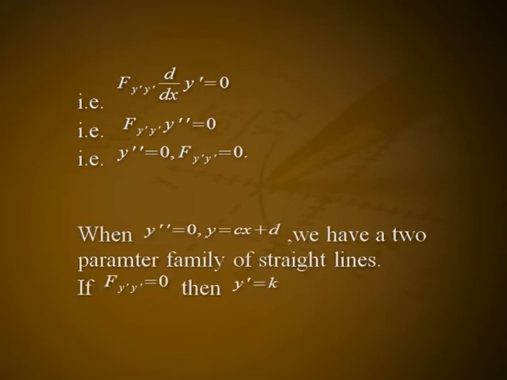When y double dash equal to 0, y equal to cx plus d, we have a 2 parameter family of straight lines. If fy dash y dash equal to 0, then y dash equal to k. Therefore, y equal to kx plus q, a 1 parameter family of straight lines included in the above 2 parameter family.